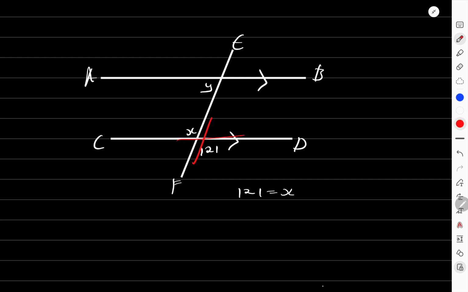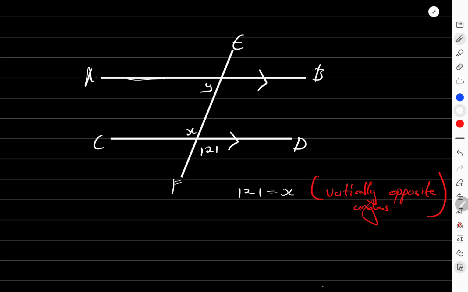I have X here, I have 121. The reason is going to be vertically opposite angles. Now, since it is vertically opposite angles, I now know the value of X is 121 degrees.